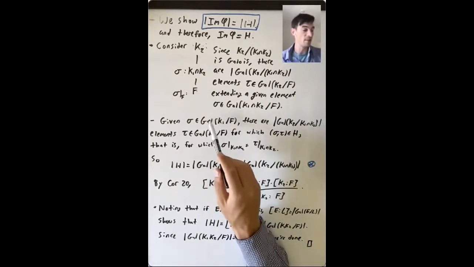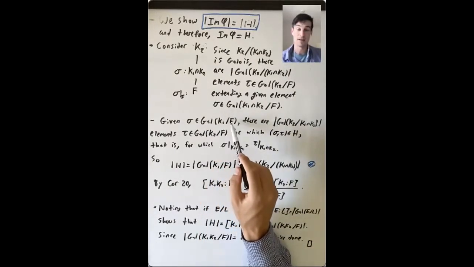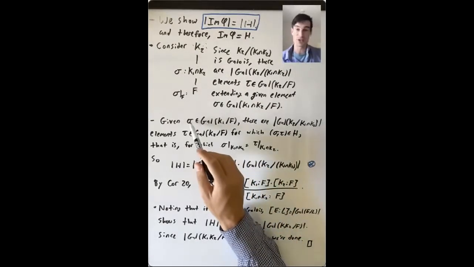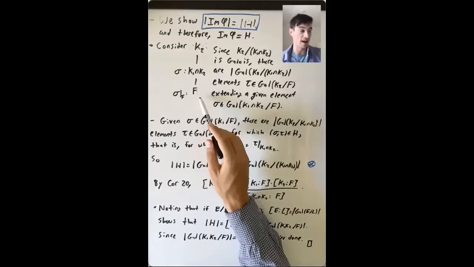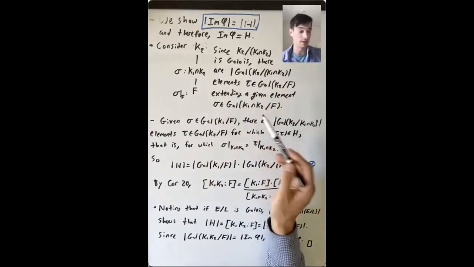So what does this mean? Let's take an element sigma of the Galois group of K1 over F, and we can look at what the restriction is to K1 intersect K2. It's some automorphism of K1 intersect K2 fixing F. Now we're going to apply this observation.